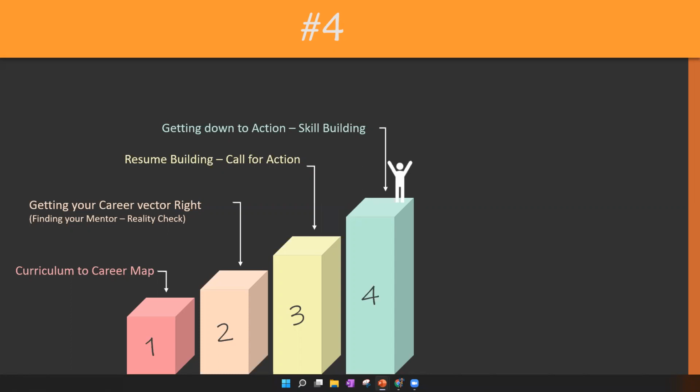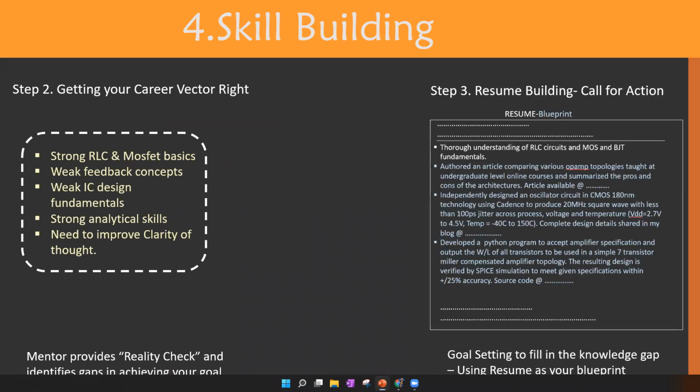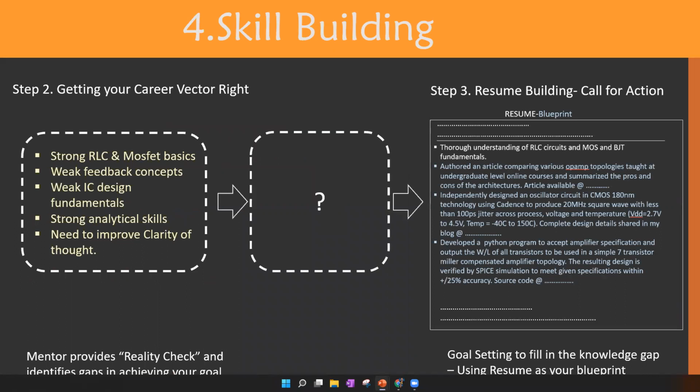Thanks to the internet, there are now various ways to build our skills. Okay, so again, I'm restating what we just now discussed. We have the mentor feedback, we have the resume blueprint, and what comes in between is your action plan.